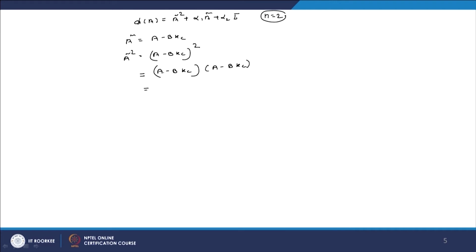Now if you multiply, you will get A square minus AB into Kc minus B Kc into A plus B square into Kc square.